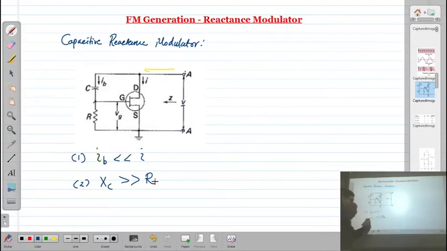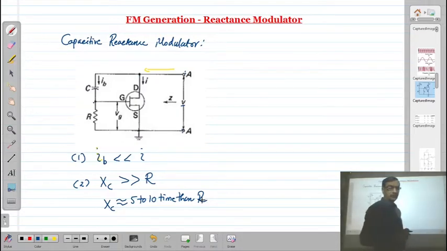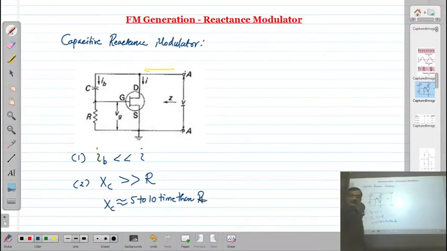And normally this reactance will be at least 5 to 10 times the resistance R. You have to select the value of the capacitor so that this reactance will be 5 to 10 times larger than the resistance R.